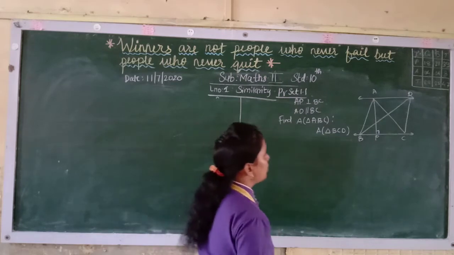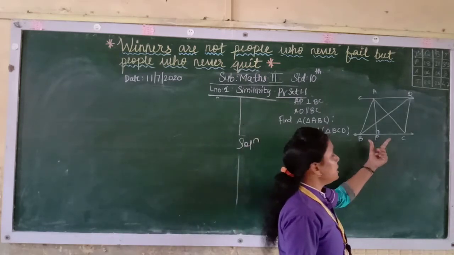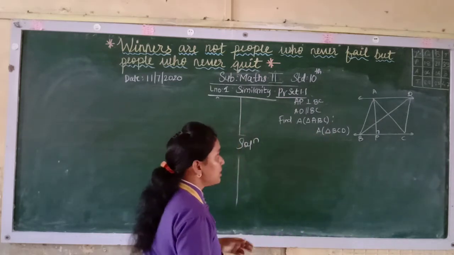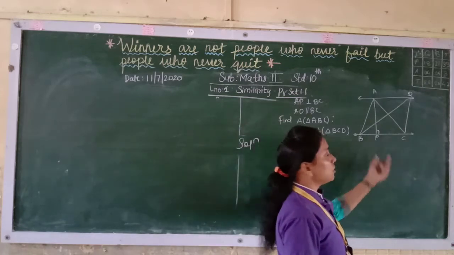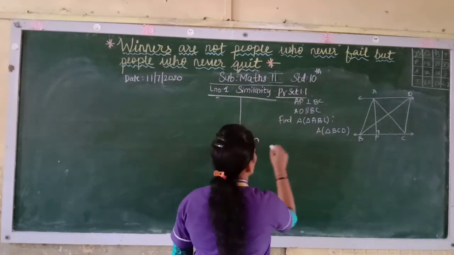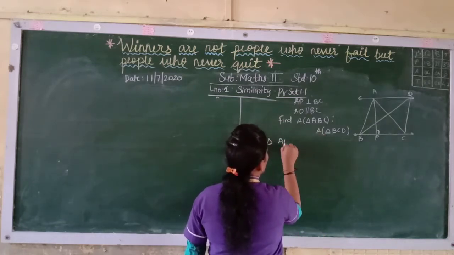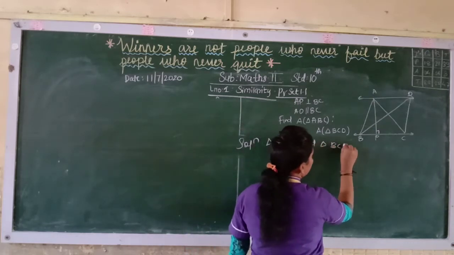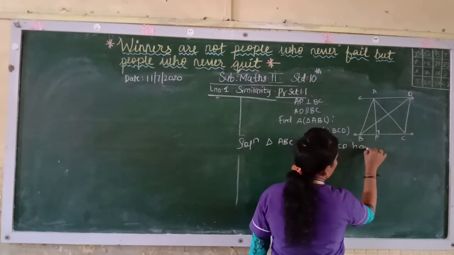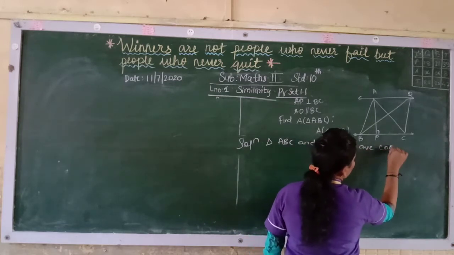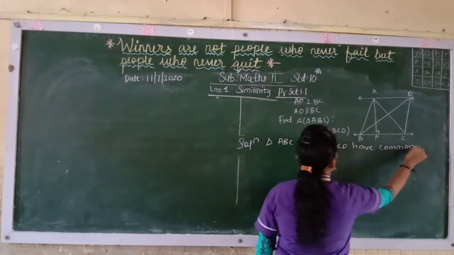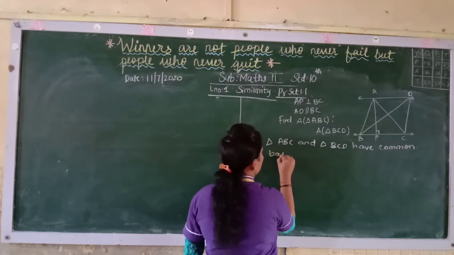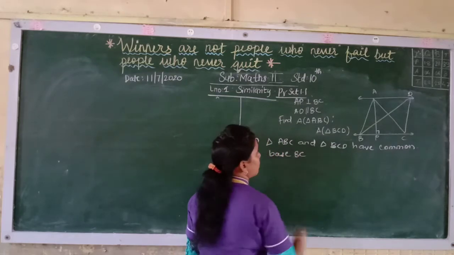Now if you can see, ABC and BDC have the same base BC. So triangle ABC and triangle BCD have a common base BC.